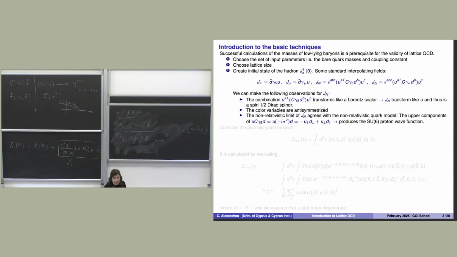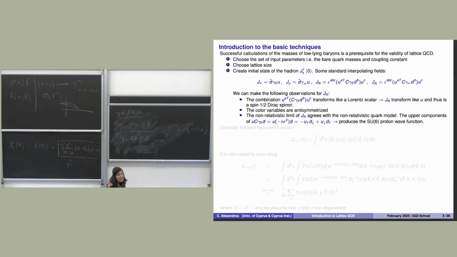So the ensembles are universal, and then we use them to compute the particular operators. This is the starting point. We need to have the ensembles with a given lattice size and a given lattice spacing, a. These are the parameters that are input.